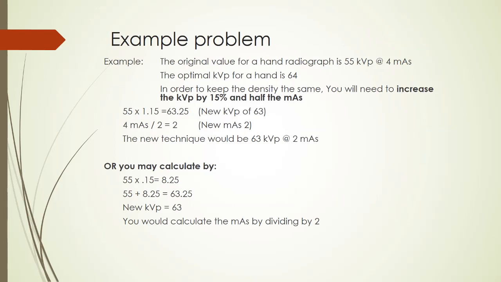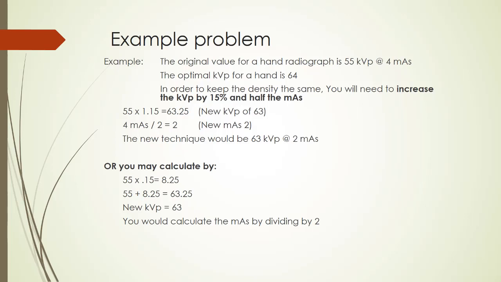We have the original value for a hand radiograph is 55 kVp at 4 mAs. When we look at our optimal kVp for a hand, it's 64. In order to keep the density the same, we're going to have to increase the kVp by 15% and half our mAs.